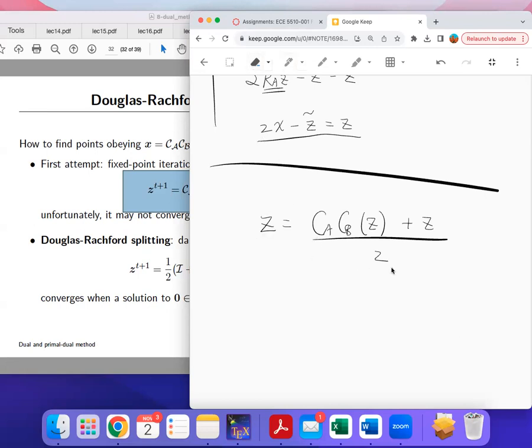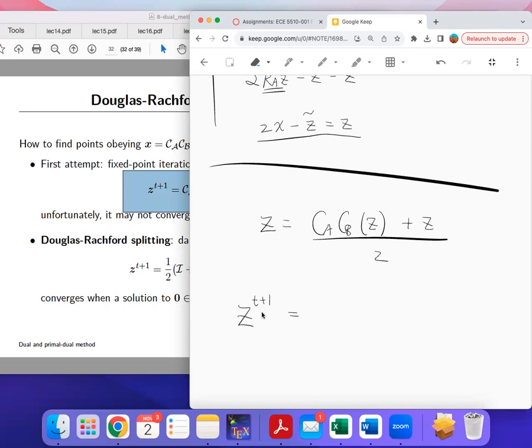Yeah, they are equivalent. I can add a z divided by 2 because z subtract z over 2 is z over 2, and then this 1 over 2 will be canceled out. Right? So this is equivalent to this fixed point equation. And then this motivates us to consider this damped version.